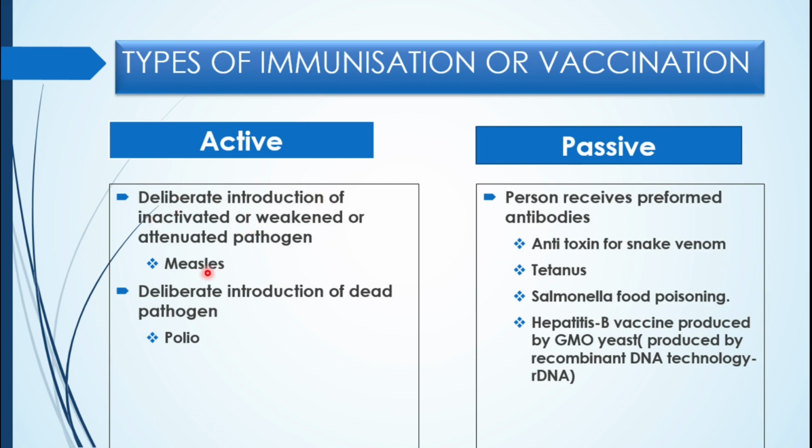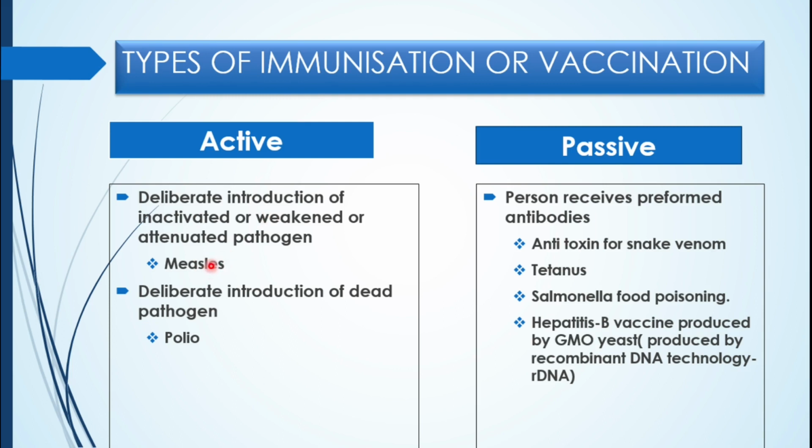A typical example of this is measles. Children, when they are very small, are given the injection for measles, the vaccination for measles. This is actually a deliberate introduction of inactivated or weakened measles viruses.